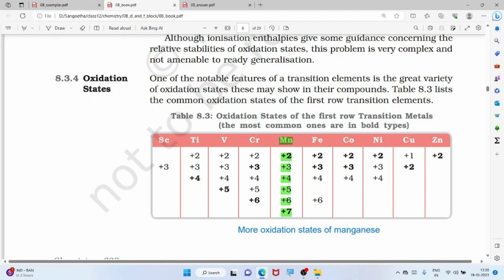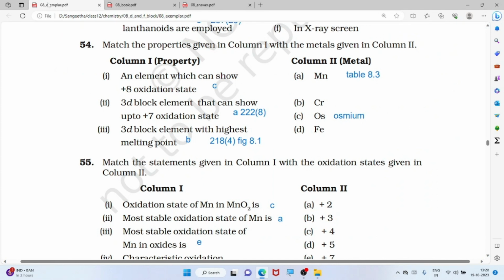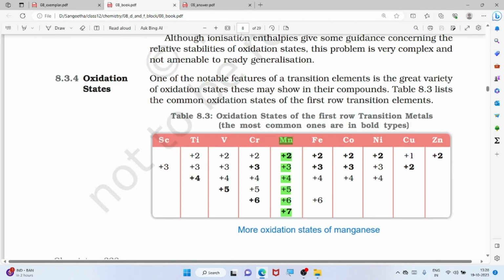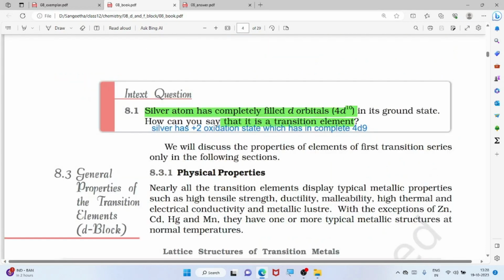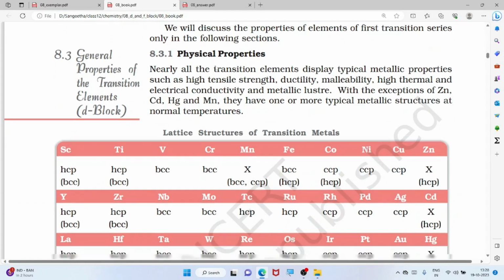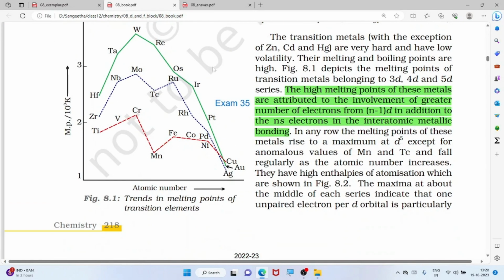Okay, 2 to 7 oxidation states for Mn. Third block Mn with highest melting point. Third block element with highest melting point.